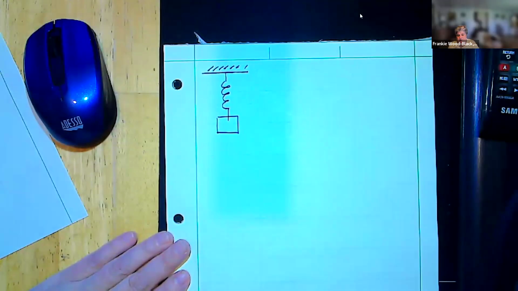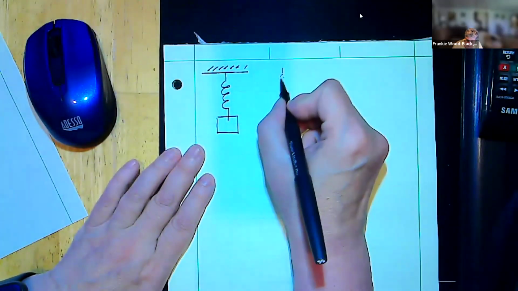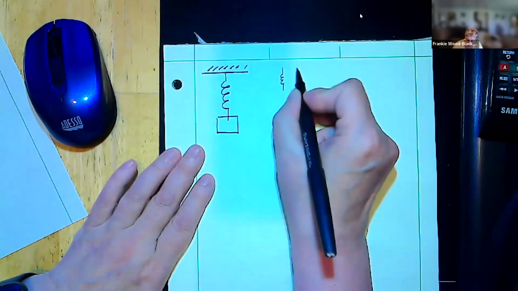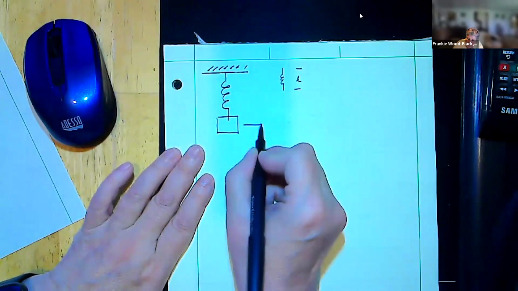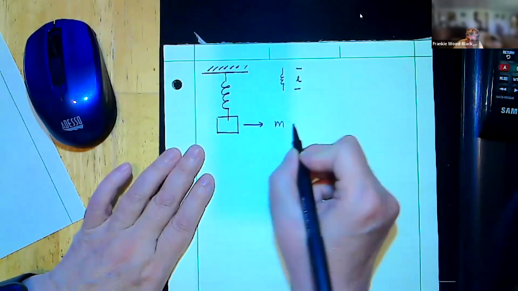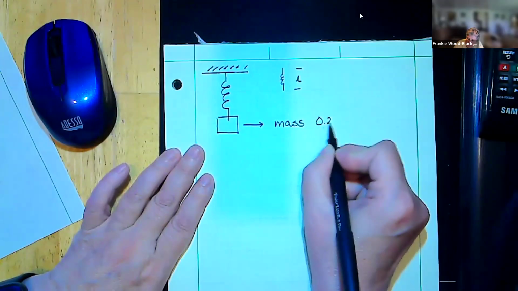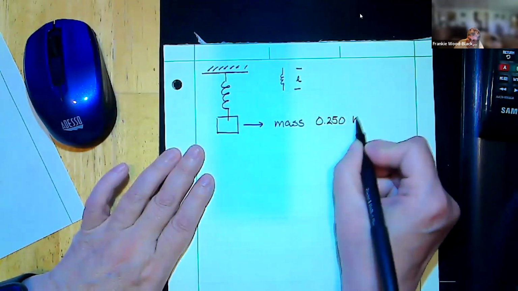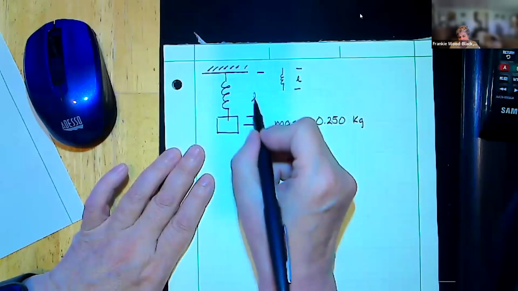So when we first looked at our spring system, we knew that if I had a spring, it was going to have an initial length. And if I put a mass on it, and we're going to give this a mass of 0.250 kilograms, my new stretch would be some new stretch.